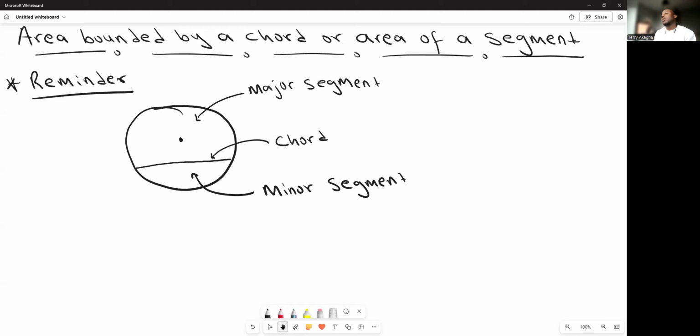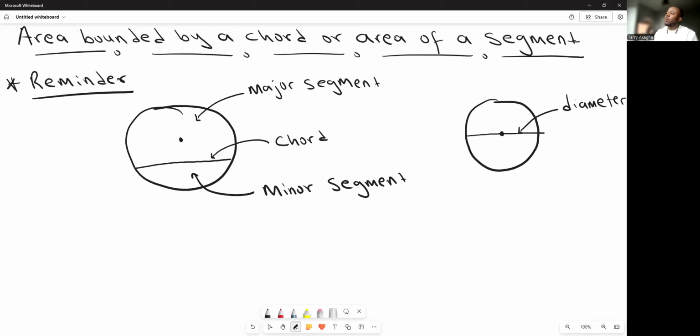Okay. Now, I also talked about the center of a circle. If the line is going through the center, I told you that this is what we call a diameter, and the other part is what we call the semicircle.